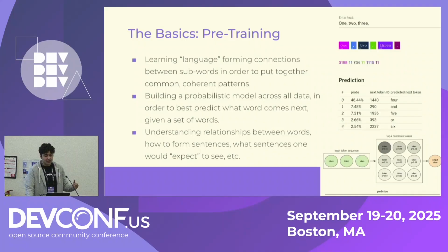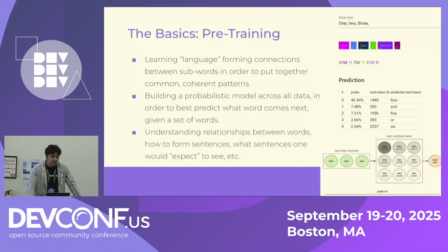Our model should then be able to predict a reasonable next token. In this case, it says there's a high probability that the next word, given the data I've seen, should probably be 4. And that's the goal here. We're just saying, given a set of input words, what is the most probable output word across all of the data that we've seen? That's pre-training.